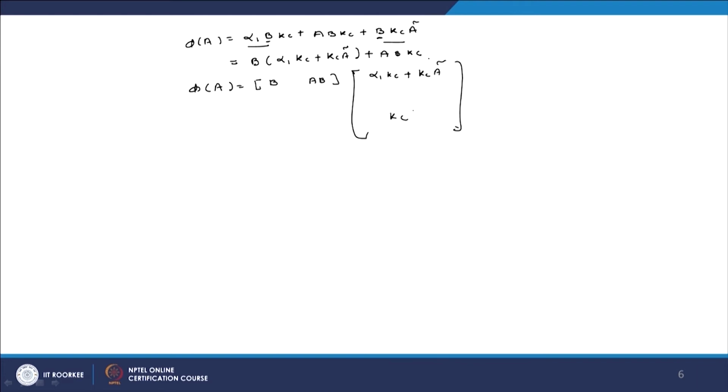Now, what we will do, we pre multiply both these equations by 0 1, and prior to this one we will write the equation as b a b inverse phi of a equal to alpha 1 k c plus k c a bar into k c.